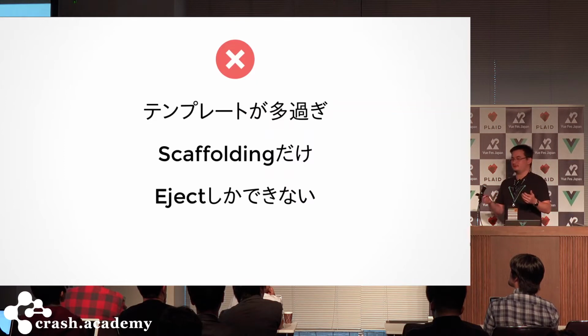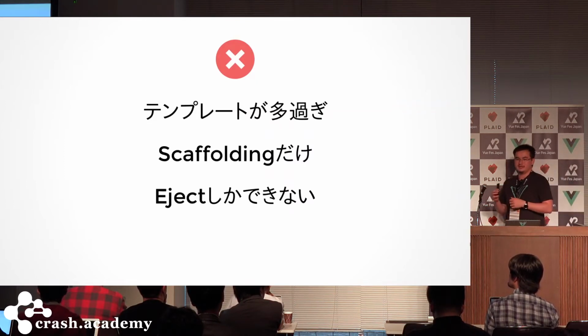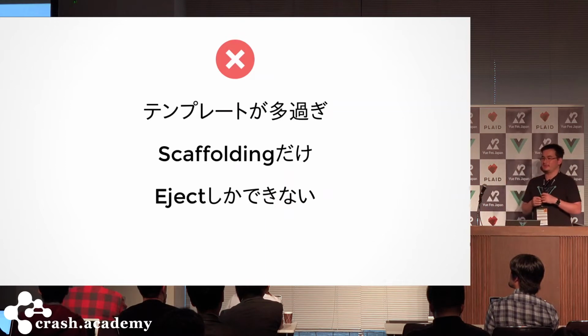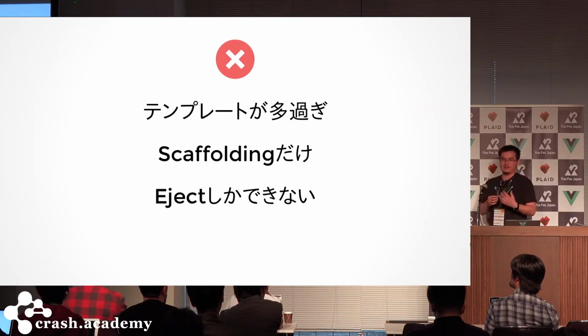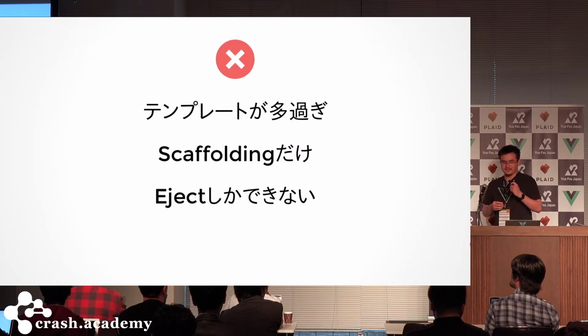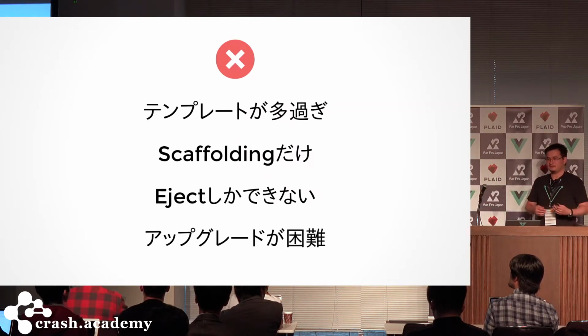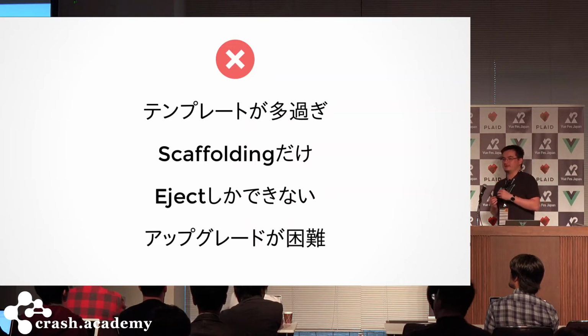So you were on your own, and if you wanted to add new things like TypeScript or a test runner, you had to research the internet and learn how to modify the configuration in your project. And this also makes upgrading very difficult, because you need to do everything yourself.